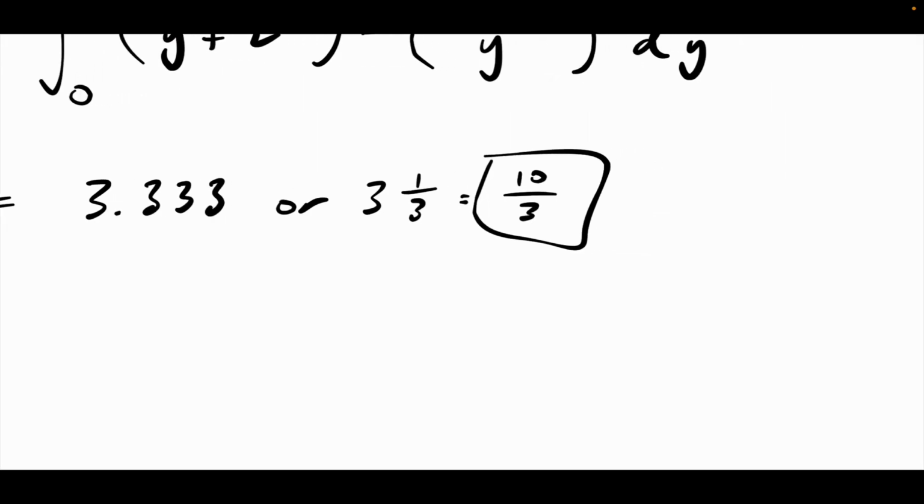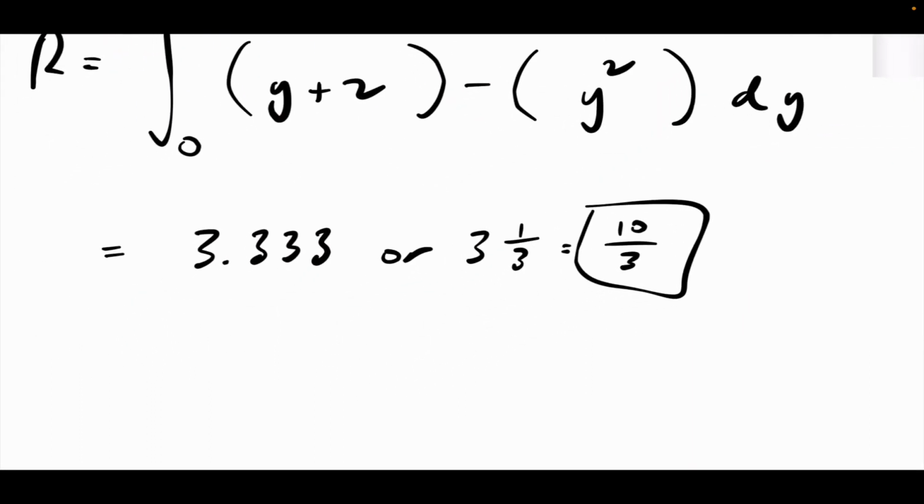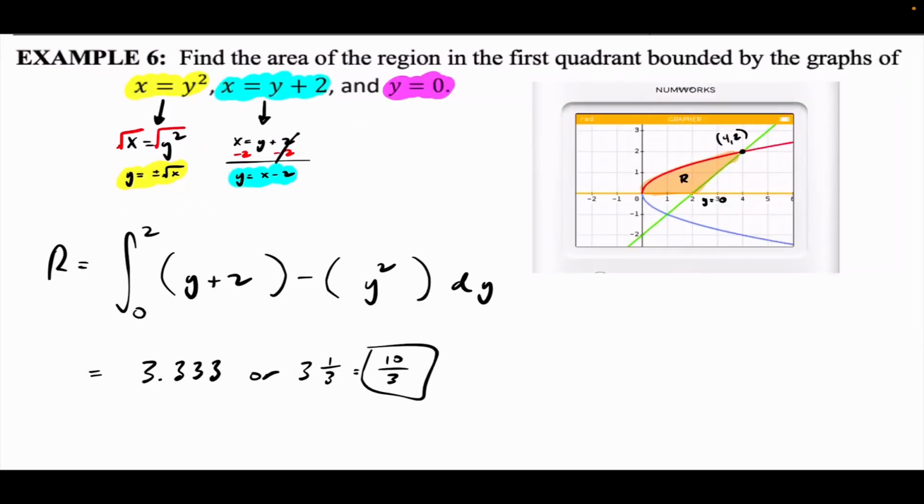That's the one I want. Unless it says round, it's probably best not to round. So 10 thirds is not rounding. 3.333 is rounding. Okay. And there you go.